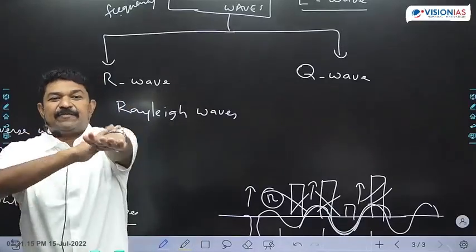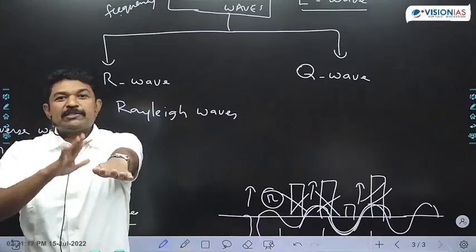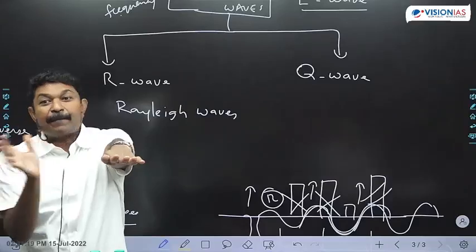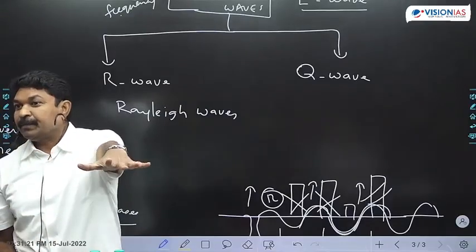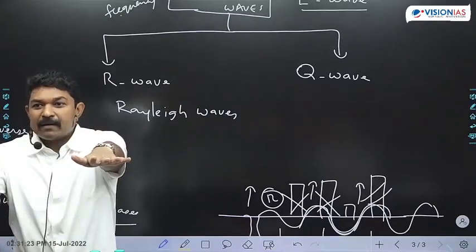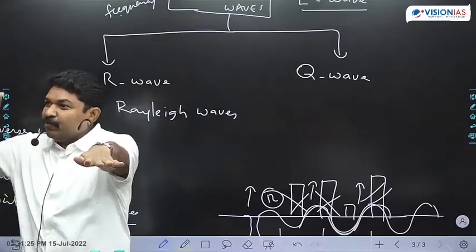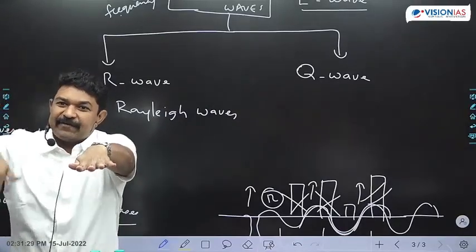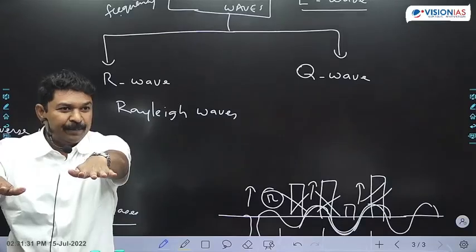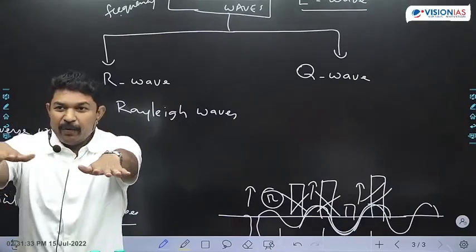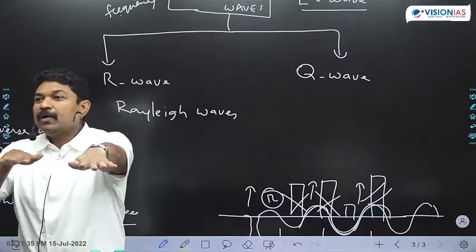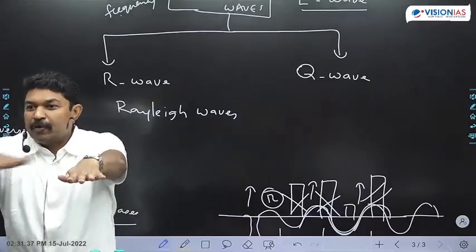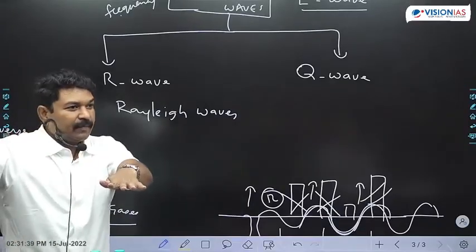If this is the surface, these waves are also propagating perpendicular to the surface, but in a to and fro manner. Earlier the wave was moving like this. In the crest phase, very great destruction. In the trough phase, less destruction. But how are these Q waves moving? Q waves are moving to and fro like this. Is there any escape?